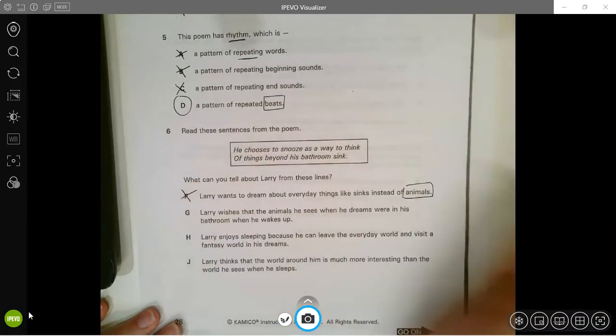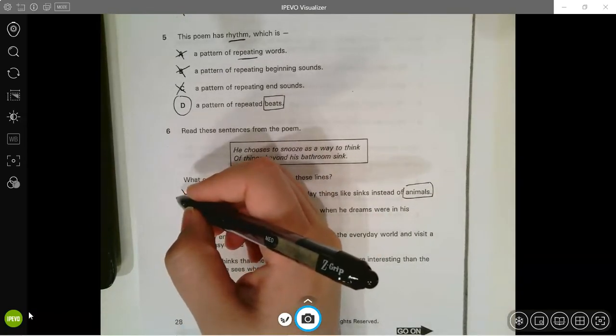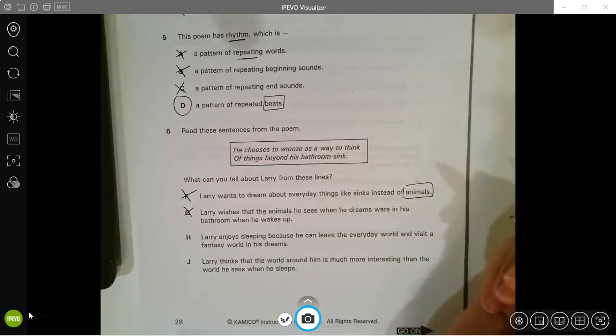Larry wishes that the animals he sees when he dreams were in his bathroom when he wakes up. No. H. Larry enjoys sleeping because he can leave the everyday world and visit a fantasy world in his dreams.